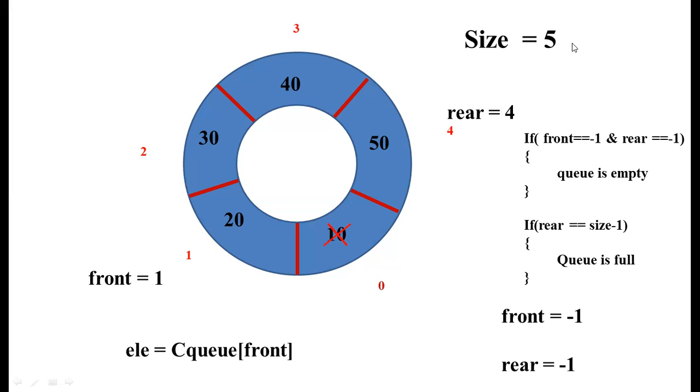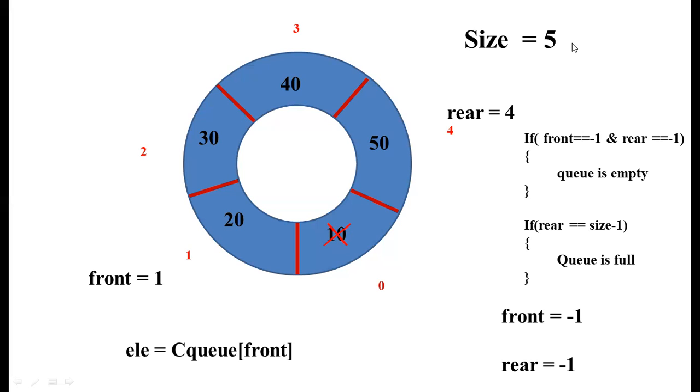So the front value becomes 1. So from front 0, it became front value 1 immediately after the deletion of the element. Whereas in case of inserting, we are not incrementing the value immediately, but in the case of deletion, we are incrementing the value immediately.